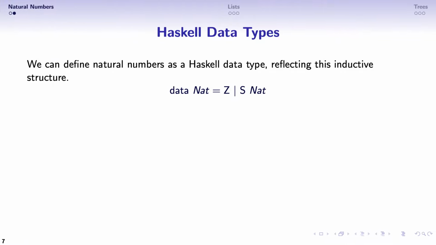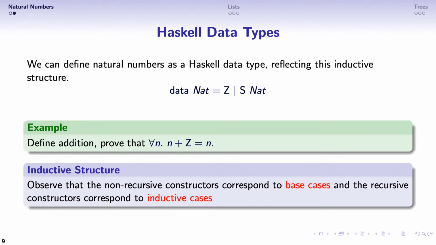So the thing to observe here is that the structure of our induction corresponded exactly to the structure of our data type. We had a base case for these base case constructors that don't recursively refer to themselves. So 0 is a base case constructor. It doesn't refer to nat anywhere, so it corresponds to a base case. And then successor, which recursively refers to nat, corresponds to an inductive case.